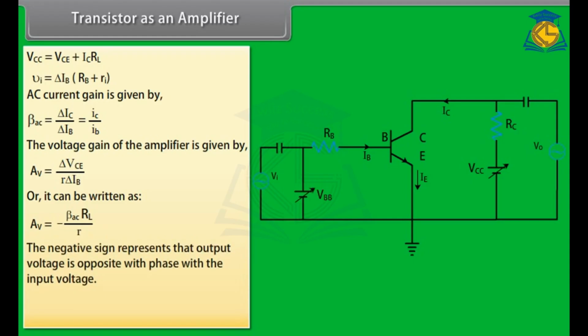The negative sign represents that output voltage is opposite in phase with the input voltage. The power gain of the amplifier is given by AP is equal to the product of beta AC and AV.